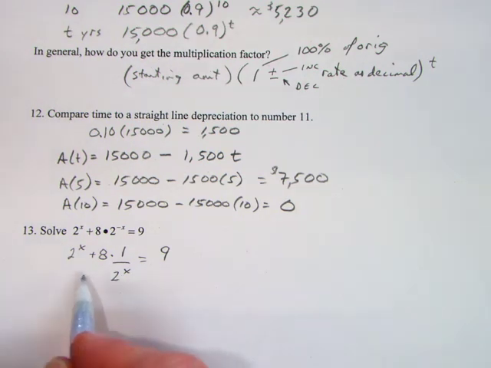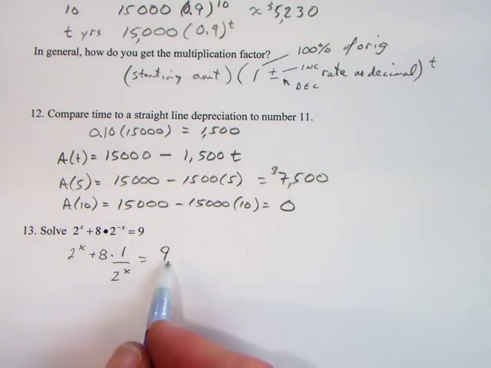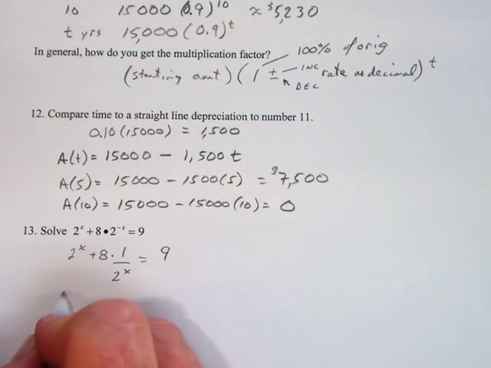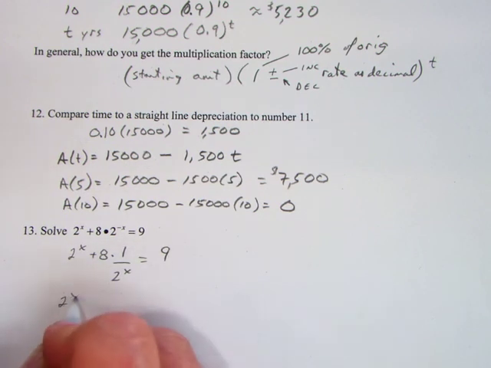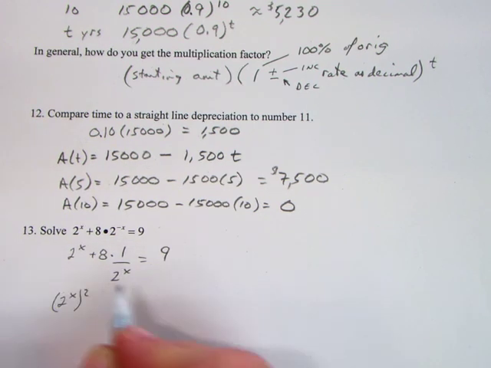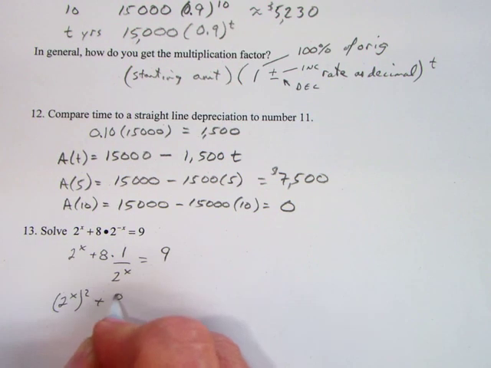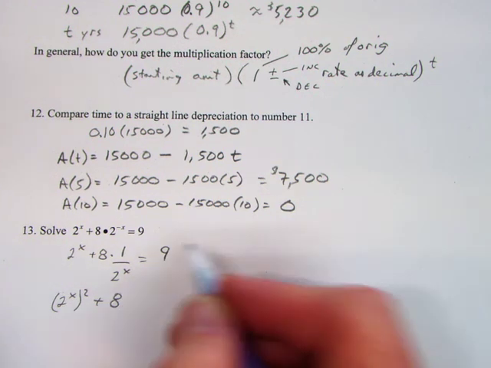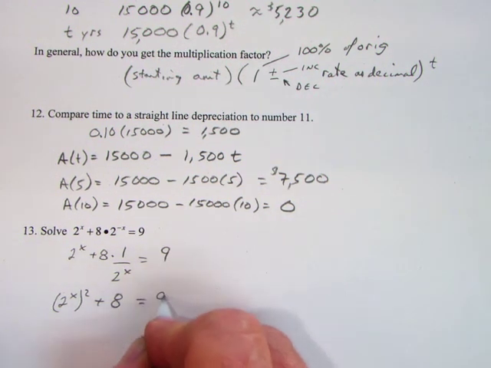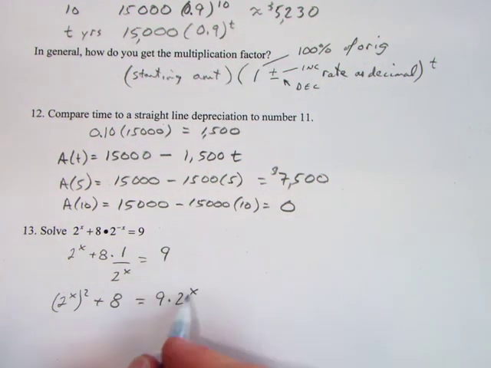We want to get rid of this by multiplying every single thing by 2 to the x. So if I multiply both the left side and the right side, this will be 2 to the x times 2 to the x, or 2 to the x squared, plus 8, because when I multiply 1 over 2 to the x times 2 to the x, they reduce out, equals 9 times 2 to the x.